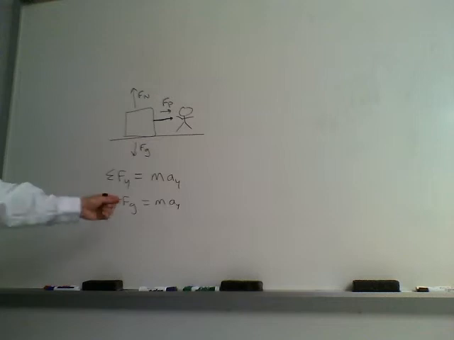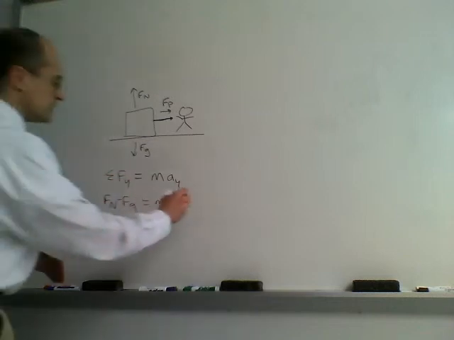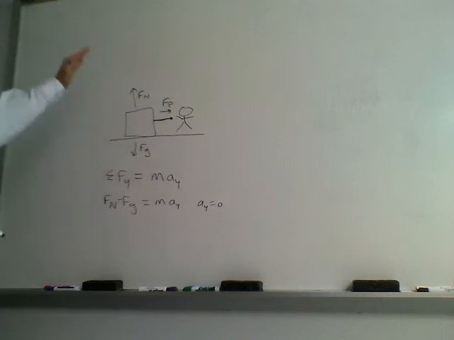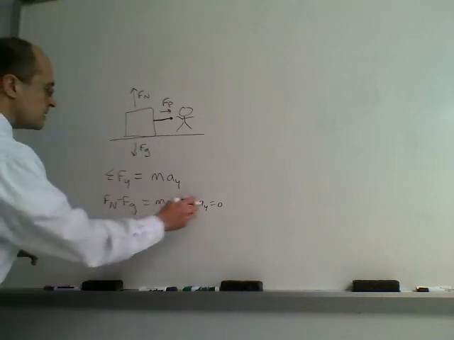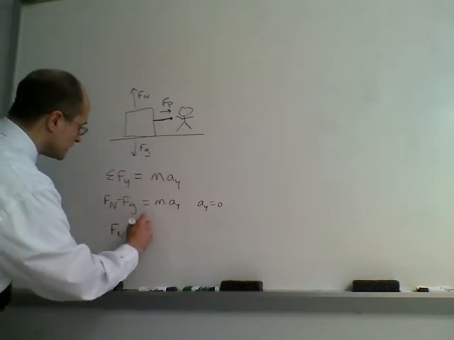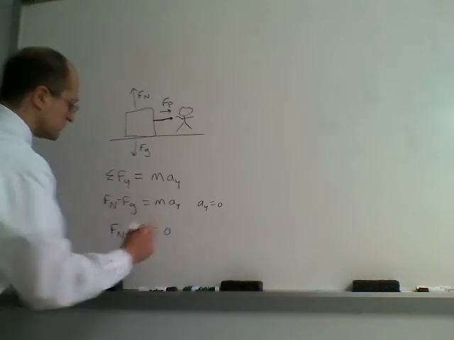And a_y is going to be 0, because the box is not flying up or burrowing into the ground. So the normal force minus the force of gravity equals 0.